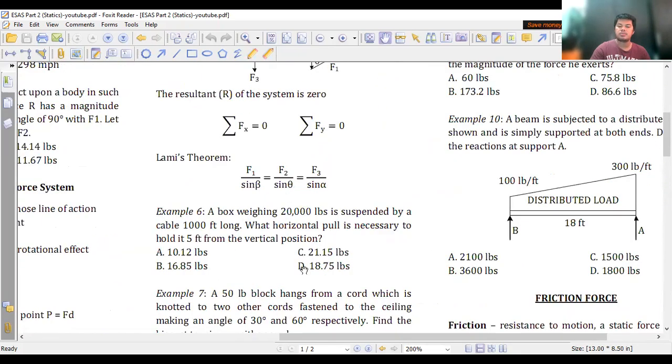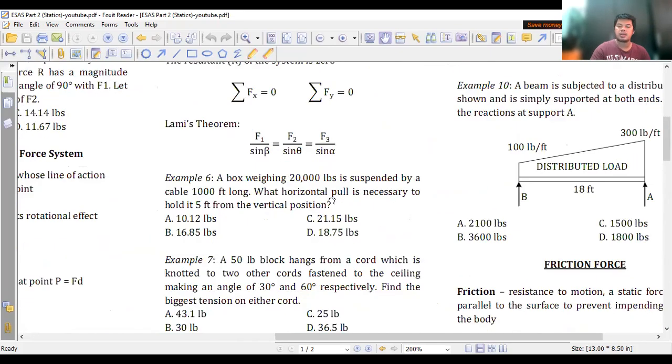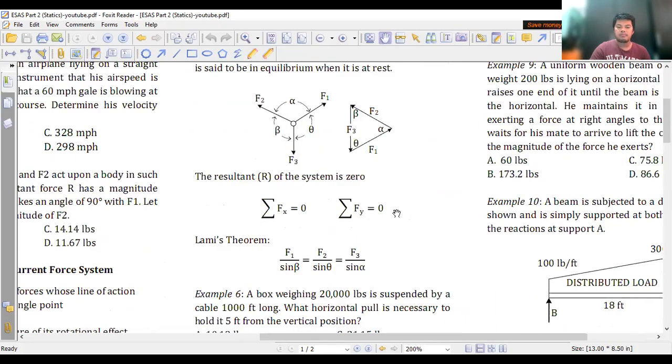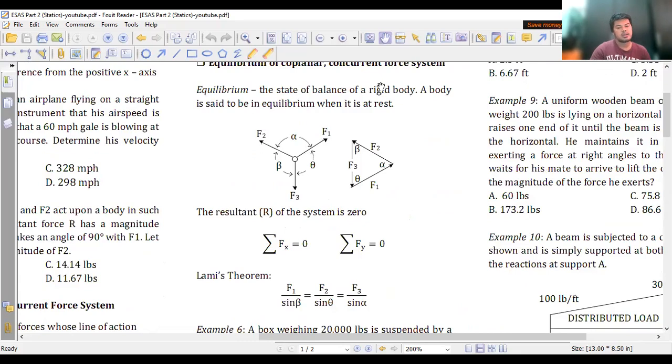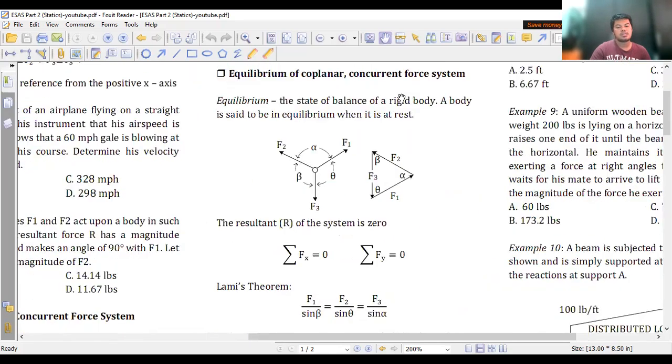When we say concurrent force system, there is a common point.